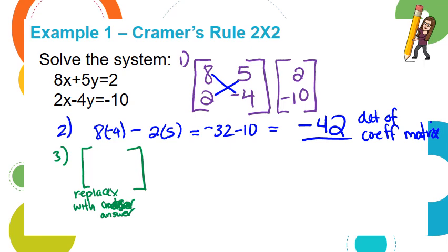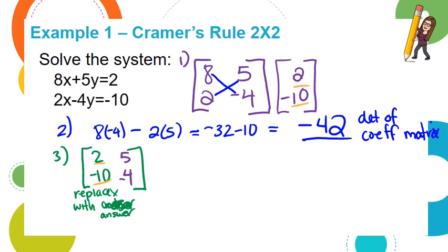Instead of 8 and 2, I'm going to have 2 and negative 10. Okay, took that from my answer matrix. And then I'm going to keep the 5 and 4 from the coefficient matrix. Oops, that's a negative 4.